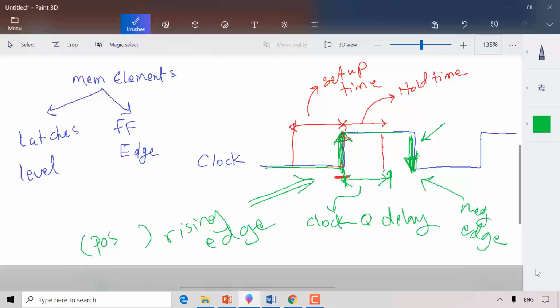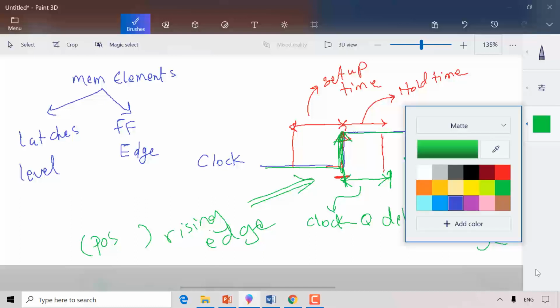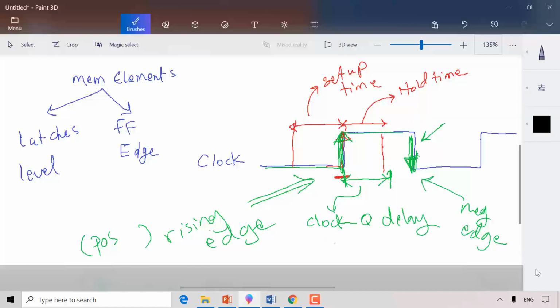Now, in terms of the block diagram of positive edge flip-flops, typically when we draw them, we refer to the clock as a triangle, and we give the clock name. This triangle means that this is a flip-flop.